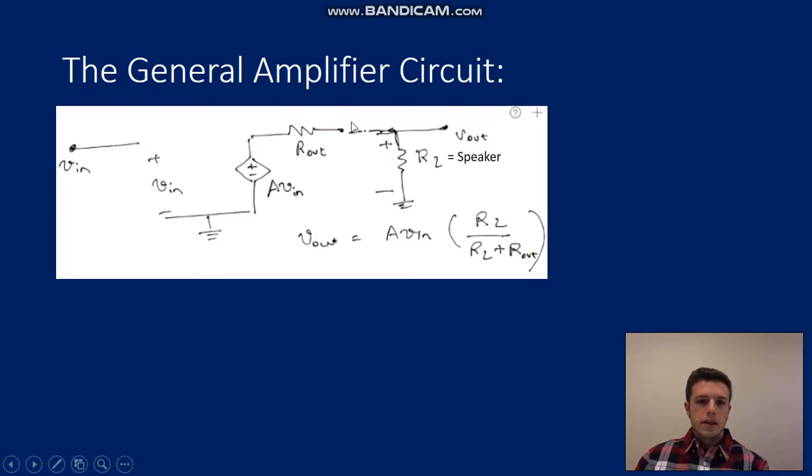The general amplifier of the circuit will have an open loop gain, and that will make our V out. Once we attach RL, which will close the loop, which is our speaker, it'll make V out our open loop gain times V in over the voltage division of the resistors.